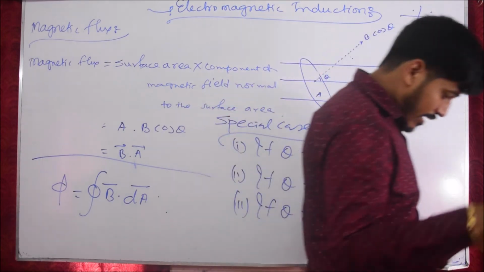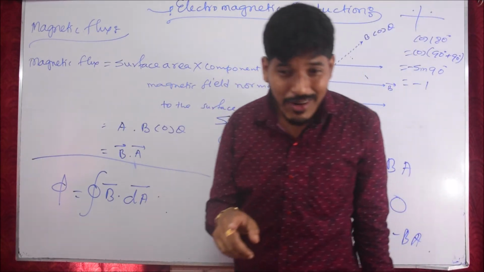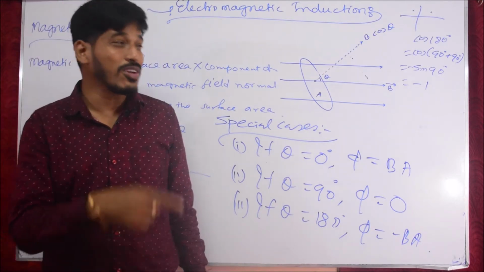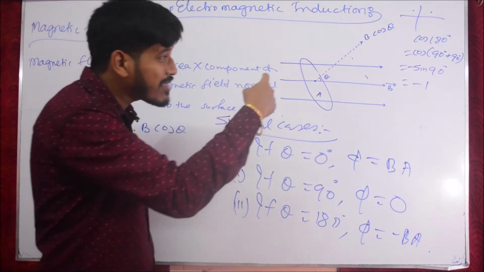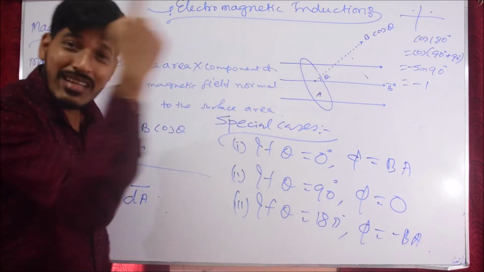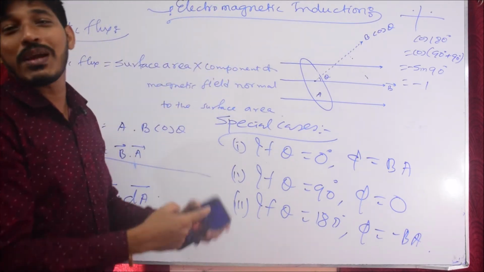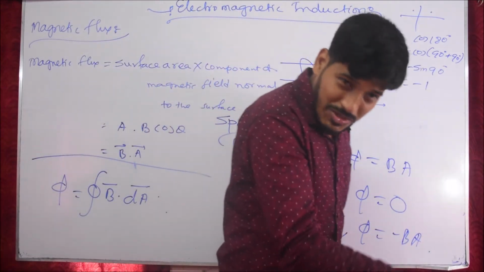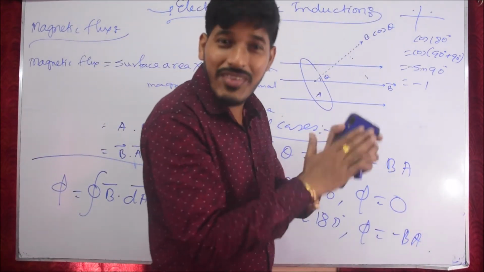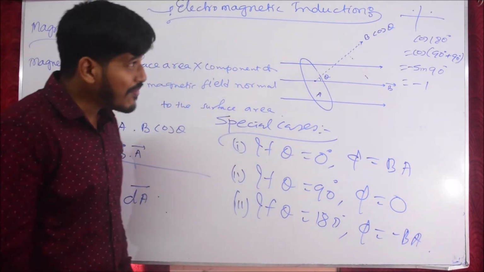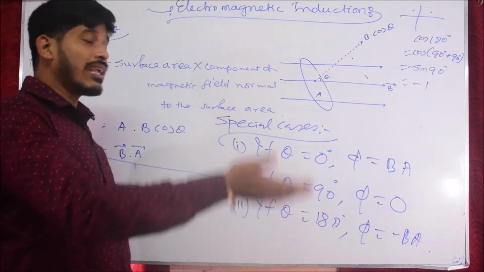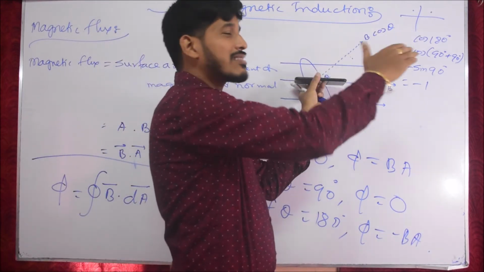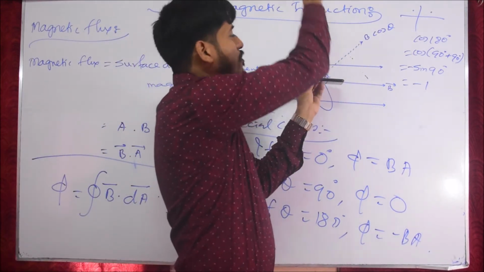Say again, if the surface area is perpendicular, what is the value of theta? It is 0 degree, because here I am talking about the angle with respect to the normal, not with respect to the surface area. So, if the normal makes an angle 0 degree with the field, the surface area is perpendicular, and if the normal makes an angle 90 degree with the field, then the surface area is parallel. If the surface area is parallel, then the normal is along this direction.